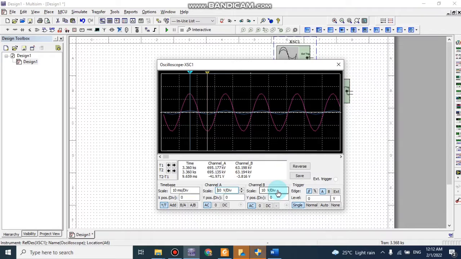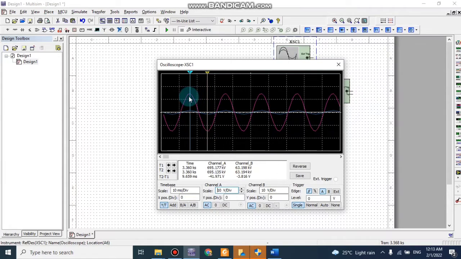Everything we set to 10, and set to the AC channel, and set to single, so the circuit won't run. On the first time frame 1, we set to the V peak, and the second time frame 2 we set to the negative side. Time frame 1 for positive side, and time frame 2 for negative side.